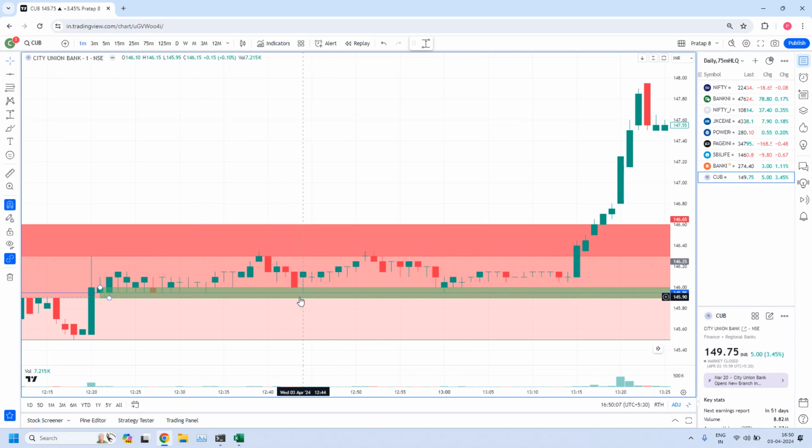When that is not happening, immediately you should think, why is it not happening? What's wrong here? There is nothing wrong here. Institutions created a very strong, high liquidity 1 minute zone. Can we say this is a guarantee?